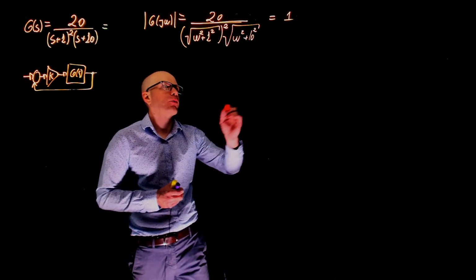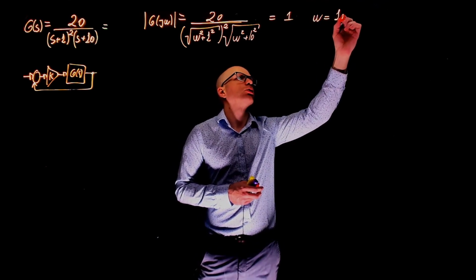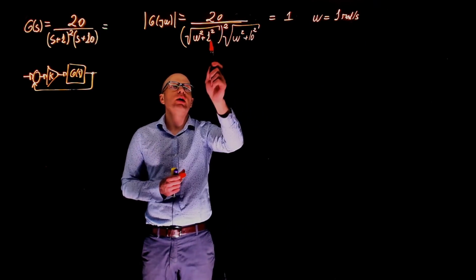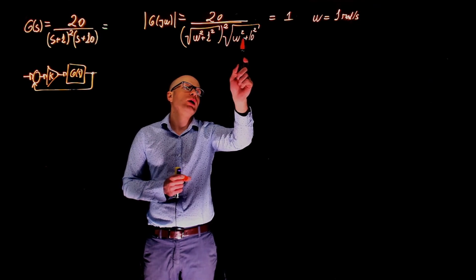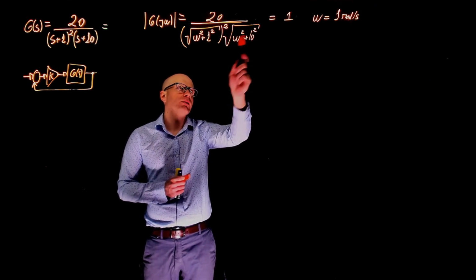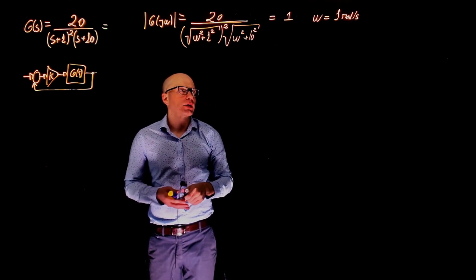So if you solve for omega, the crossover frequency is approximately 1 radian per second. That makes sense: 20 divided by this is 2, and 10 times the square root of 1 squared plus 10 squared is around 10, so 10 divided by 10 is 1, so that is correct. Omega is approximately 1 radian per second.